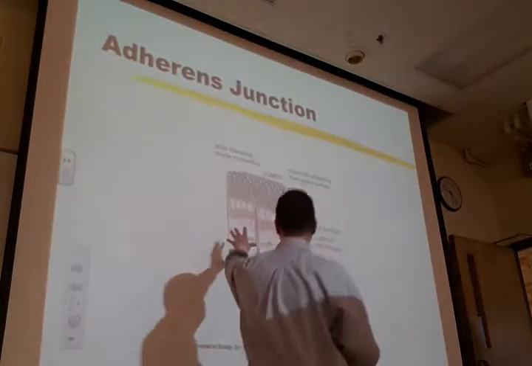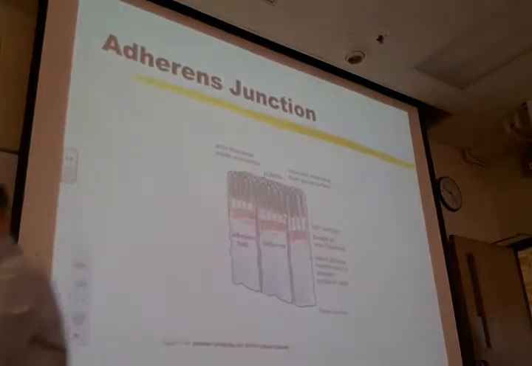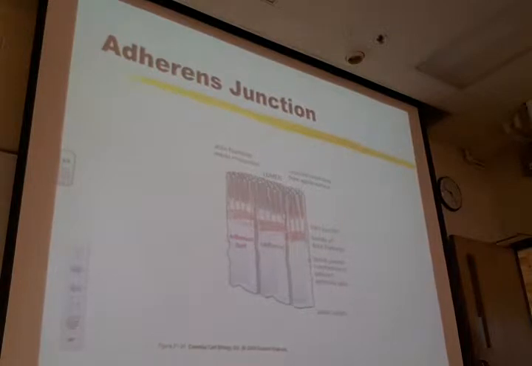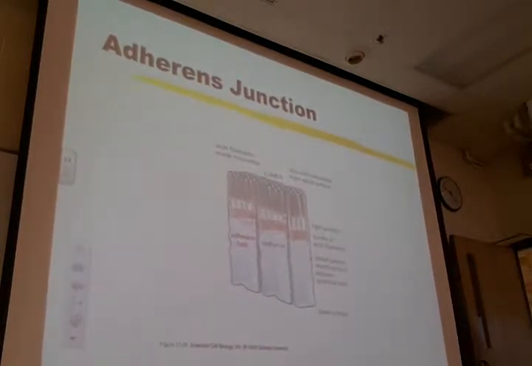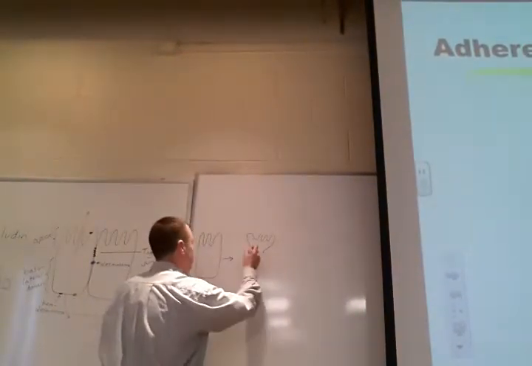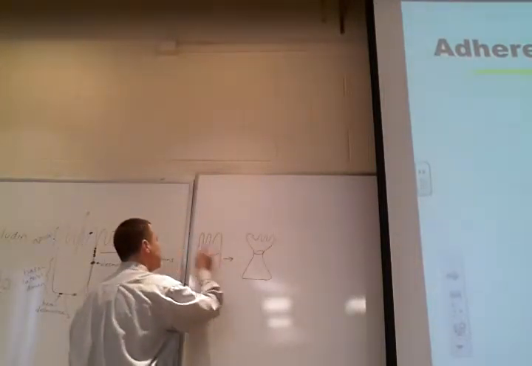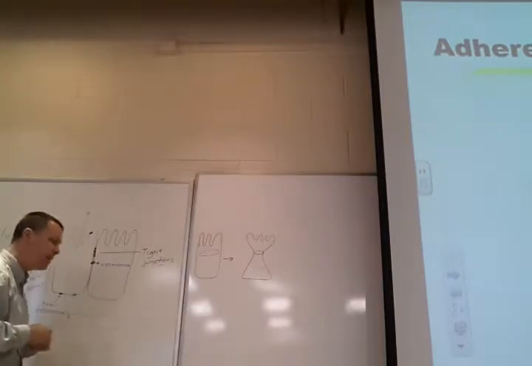This adhesion belt can sort of constrict up here and change the shape of the cell, so something like this. So it goes maybe for something like that to something more constricted there because of that adhesion belt kind of idea.